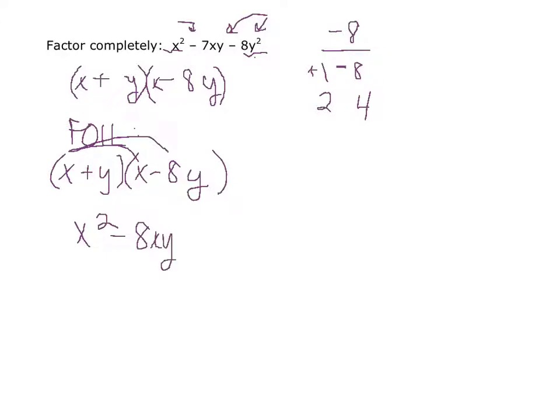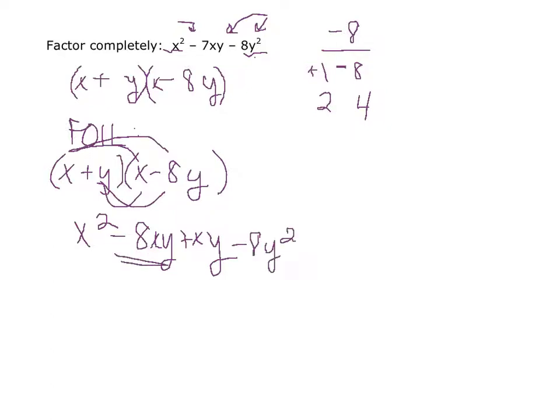We usually write this in order of a lower variable to a higher variable, simply meaning x comes before y in the alphabet. Plus yx, which again I'm going to rewrite as xy. And lastly, y times a negative 8y gives negative 8y squared.